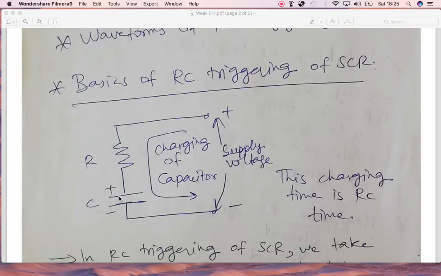Here you can see we have a capacitor, which can only be charged if a resistance is attached with it, and we have a voltage source appearing across it.